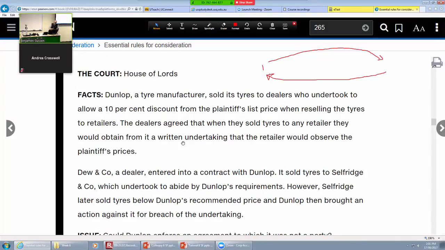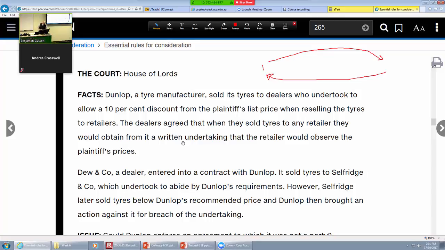So it says, Dunlop, a tire manufacturer, sold its tires to dealers, okay, who undertook to allow a 10% discount from the plaintiff's list. The plaintiff is Dunlop, the manufacturer, when reselling the tires to retailers. Okay? So there's a discount as you sell from the manufacturer to retailer to another retailer and so on.